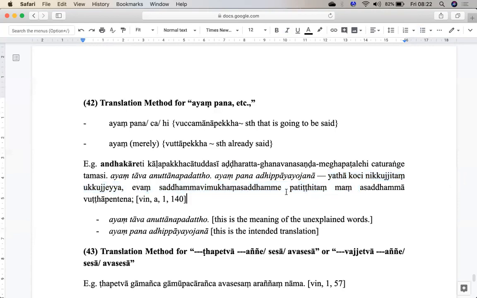So the point we need to understand is ayan without any indeclinable particle bana, ja or he, that ayan refers to the meaning of the previous sentence or paragraph. But ayan together with bana, ja or he, any indeclinable particle, that type of ayan refers to the meaning of later sentences or later paragraphs.